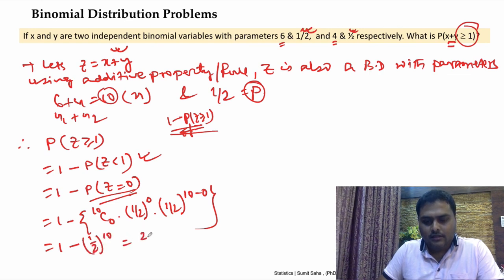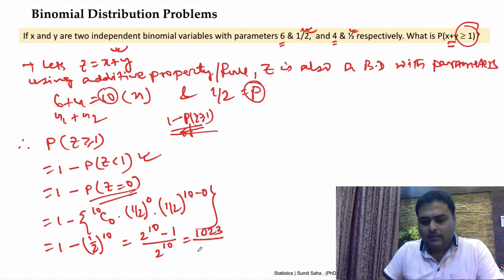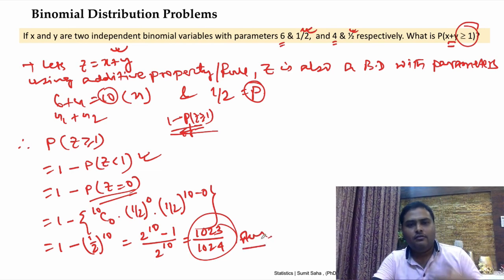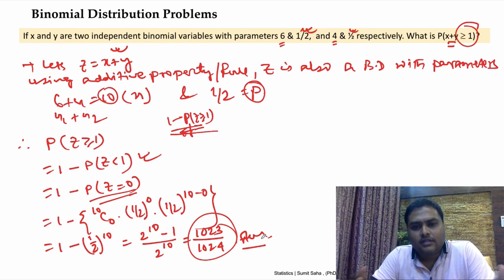So half to the power 10. So this is nothing but 2 to the power 10 minus 1 divided by 2 to the power 10, which is 1024 minus 1, 1023, divided by 2 to the power 10, which is 1024. So this is the answer. It means, very simple: using the additive rule, we have found the solution of this problem.